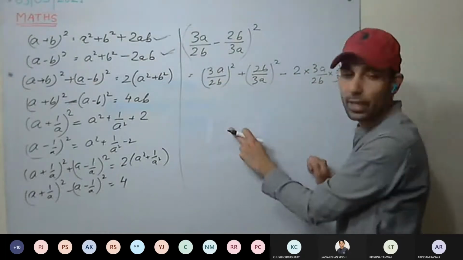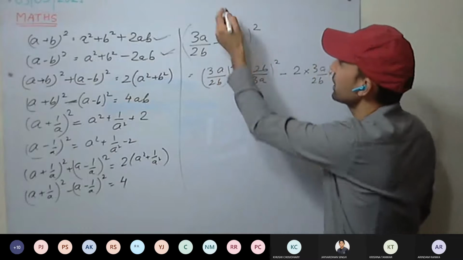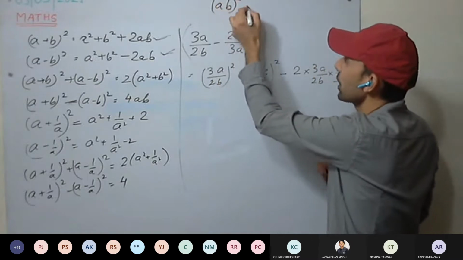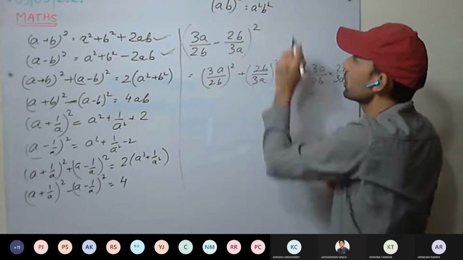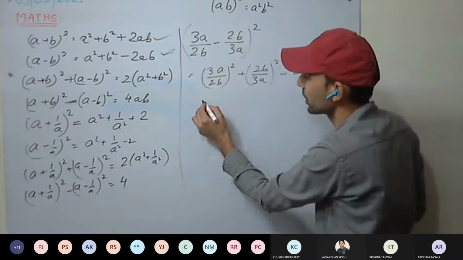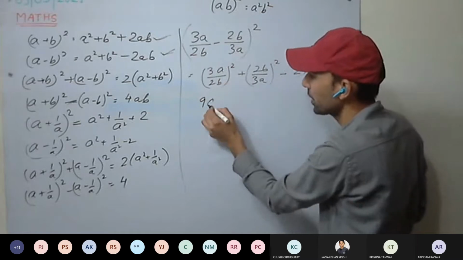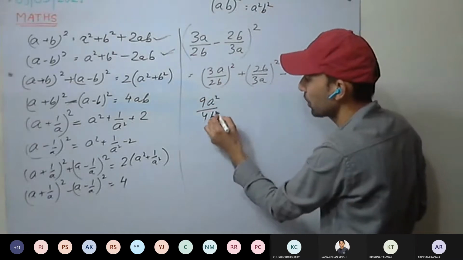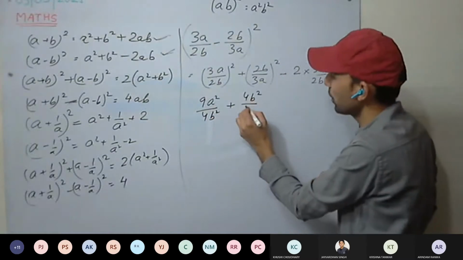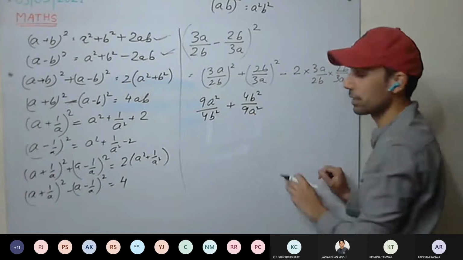Now its square will be how much? We have studied this. (ab) whole square will be a square into b square. Now 3 square will be 9a square upon 4b square plus 4b square upon 9a square.